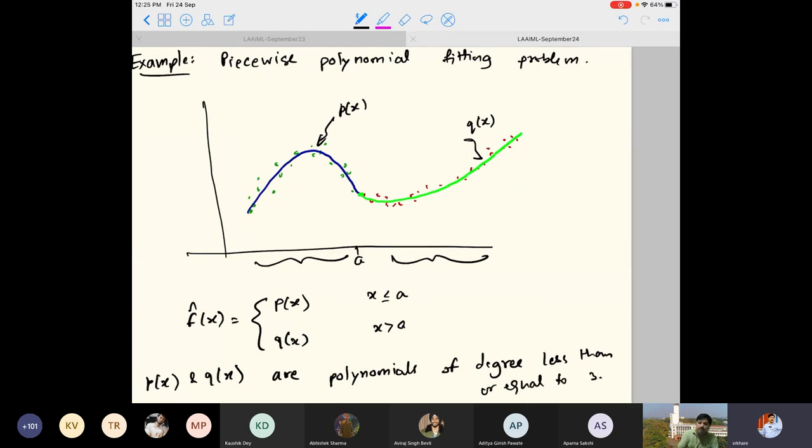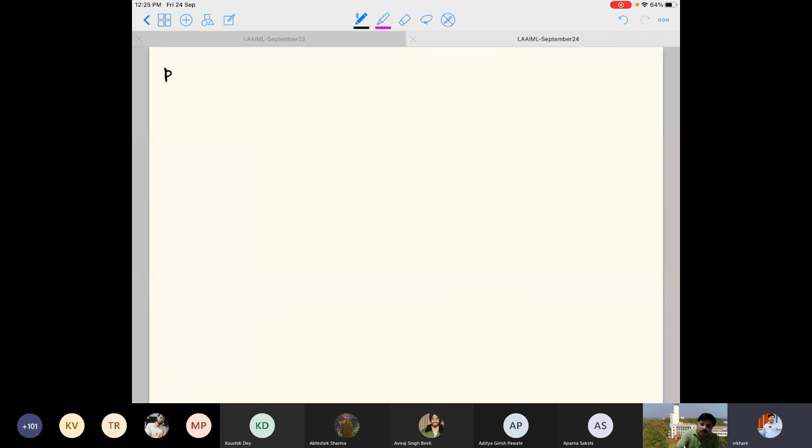What these polynomials will look like: the polynomial p(x) looks like alpha 0 plus alpha 1 x plus alpha 2 x square plus alpha 3 x cube.